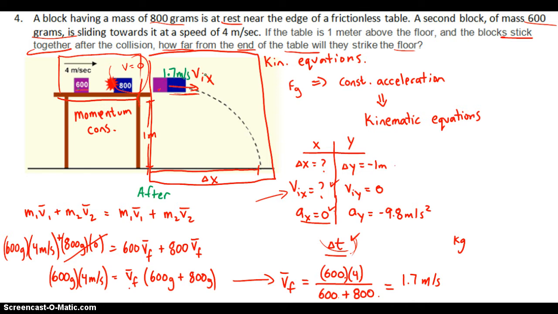So if we break our large problem up into two problems, one of the collision and one of the projectile motion, or the kinematic equations, you'll see that that final velocity is actually our initial velocity in the x direction. Meaning this value right here, 1.7 meters per second.